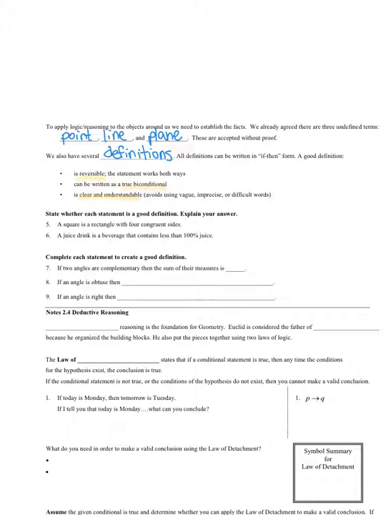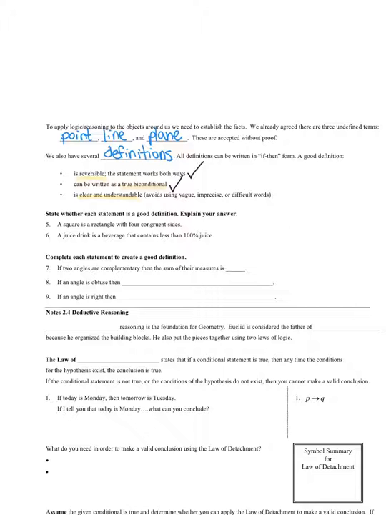And is that conditional reversible? Well, if a shape is a rectangle with 4 congruent sides, then it is a square. That one is also true. So it is reversible. It works both ways. It can be written as a true biconditional. A shape is a square if and only if it is a rectangle with 4 congruent sides.